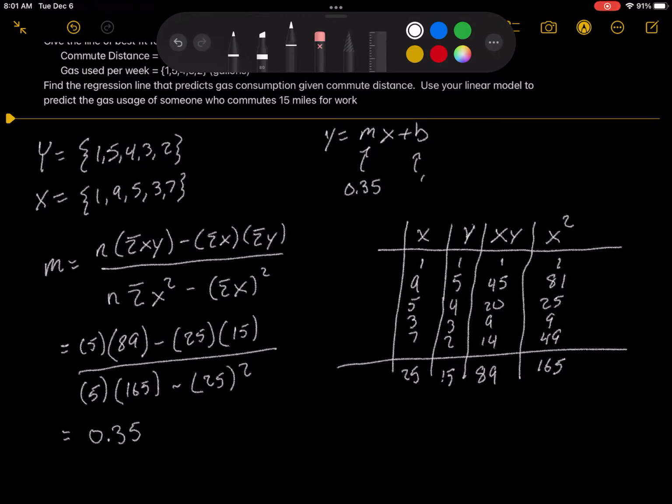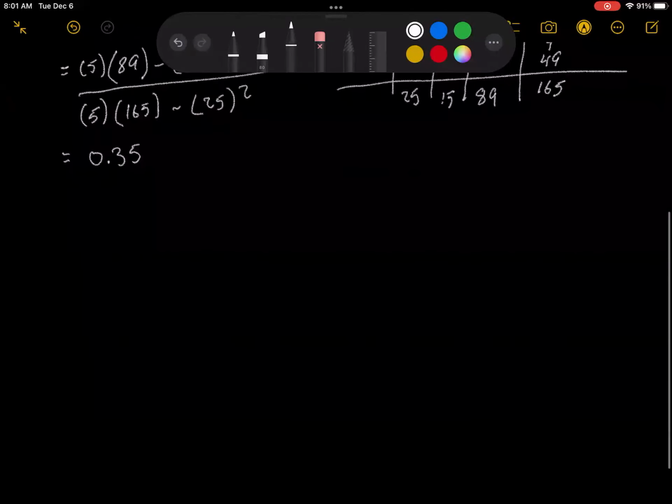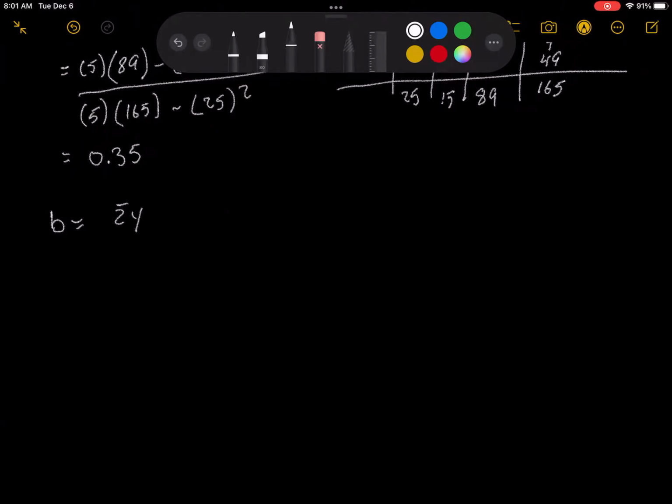Now to figure out this b, the y-intercept of our straight line. So b has a similar equation as your slope. It's given to us by the sum of the y's times the sum of the x squareds, minus the sum of the x's and the sum of the products, divided by the exact same denominator as our slope, n times the sum of the x squareds minus the square of the summed x's.